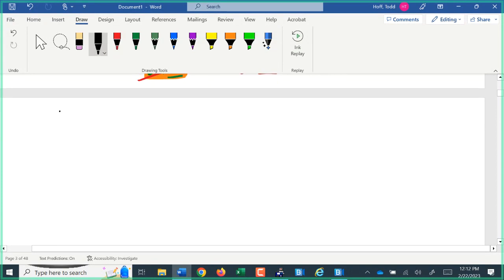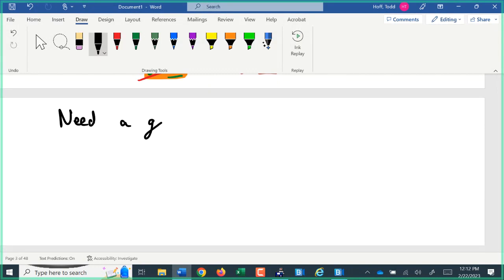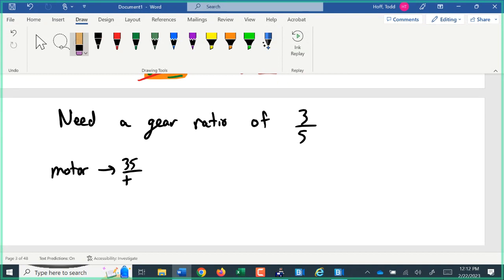So let's say we need a gear ratio of 3 to 5. And we find a motor that has a gear with 35 teeth on it.